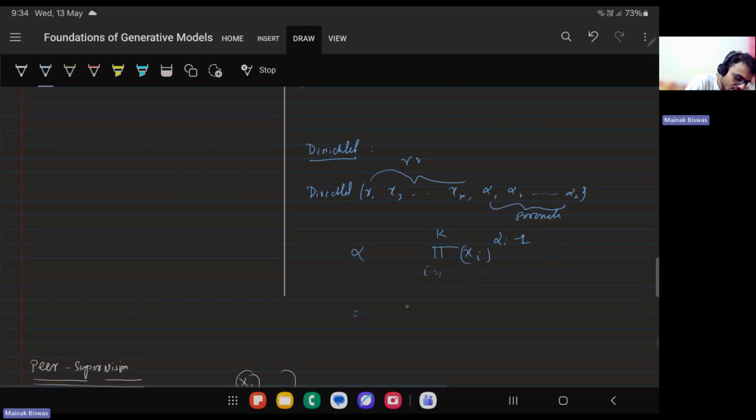If you normalize this, it is going to be the beta function of all the alphas, alpha i for i equal to 1 to k. Forget about the normalization constant for the time being.